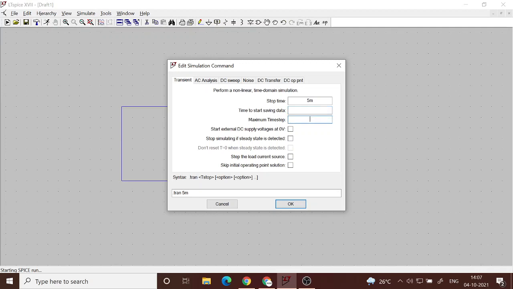And then the time step, that is what should be the minimum interval on which the voltages and currents should be evaluated. If you specify, say, 5 micro, then you will get around 1000 points in 5 millisecond.